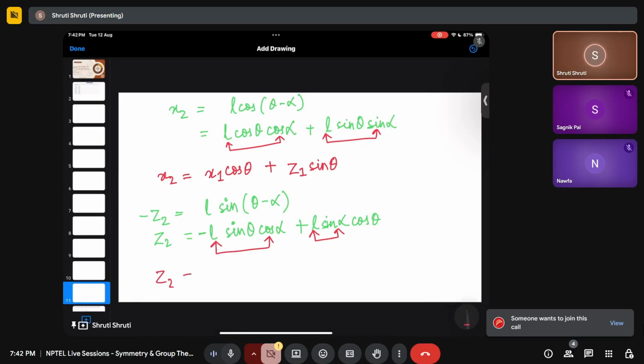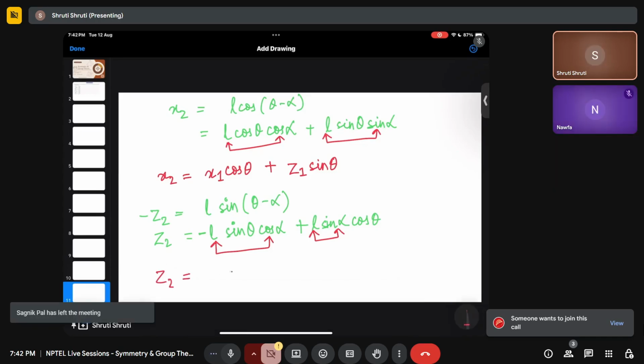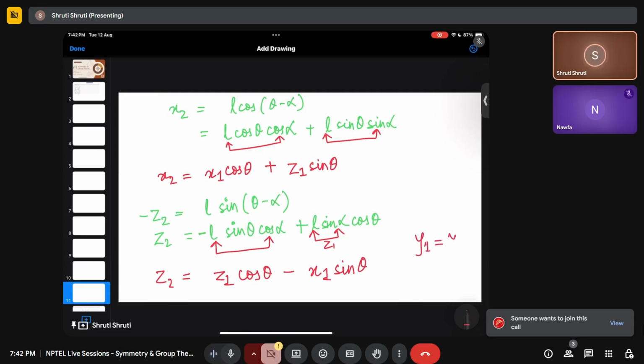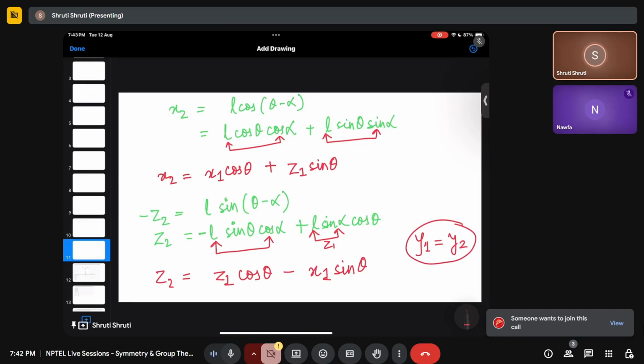So z2 is equal to, let us write the positive one, z1 cos theta minus x1 sin theta. Okay. And earlier we know that y will not change, so y1 will remain y2. Now we have these three equations.